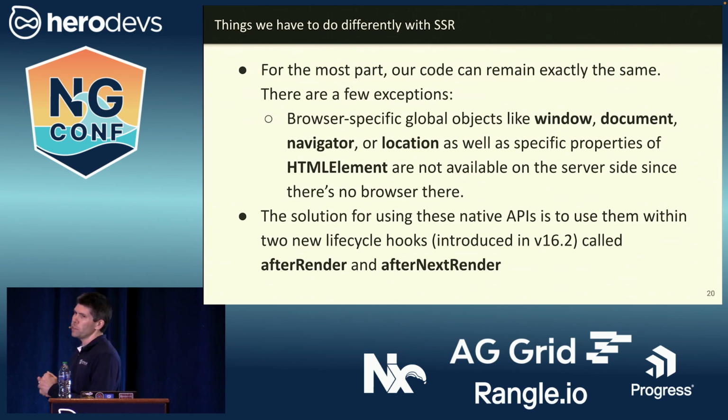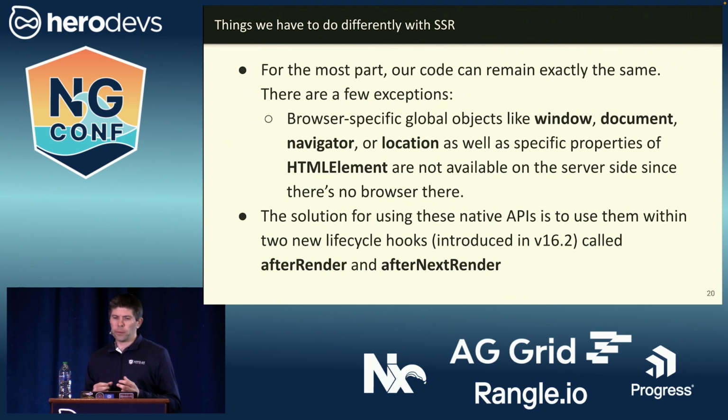The few exceptions are if you do things with window, document, navigator, location, HTMLElement. If you're trying to mess with the DOM or the browser manually, in a sense, this cannot happen on the server side, right? There's no browser on the server side, so all of these objects are not available.